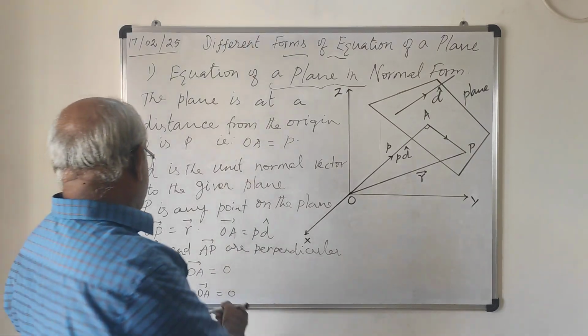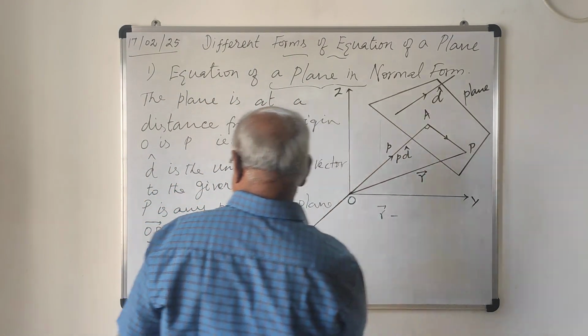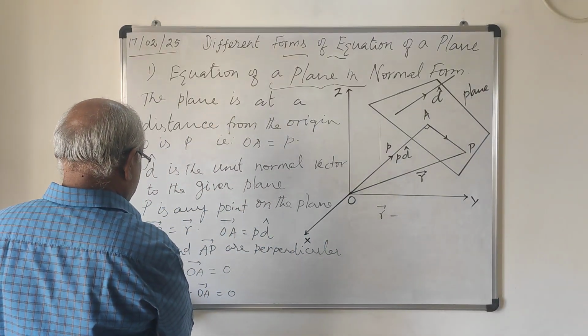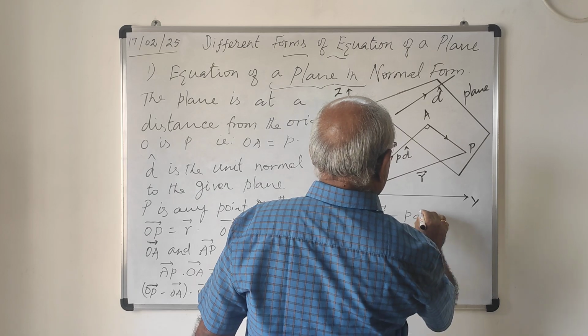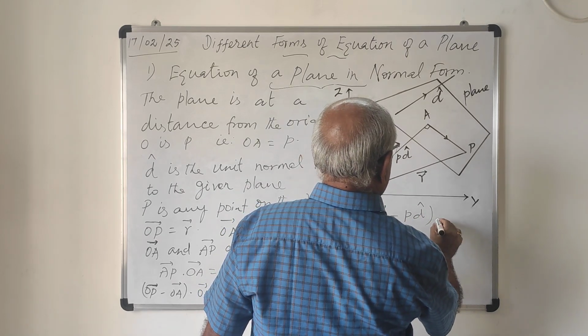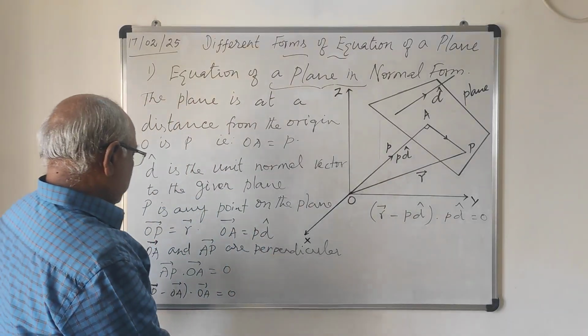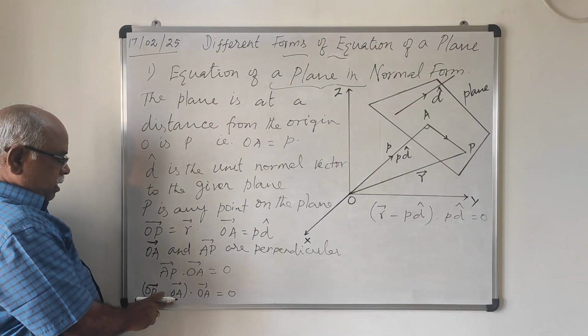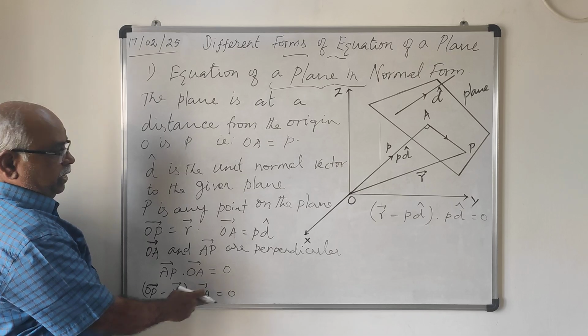OP vector is r vector, and OA vector is p into d cap. So (r minus p d cap) dot (p d cap) equals 0.